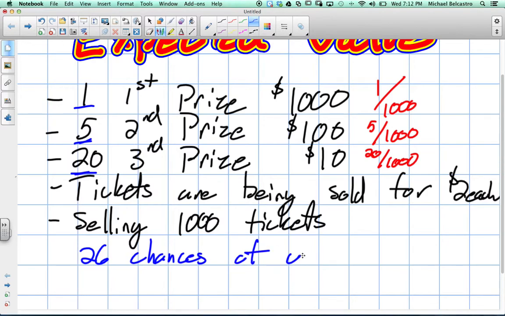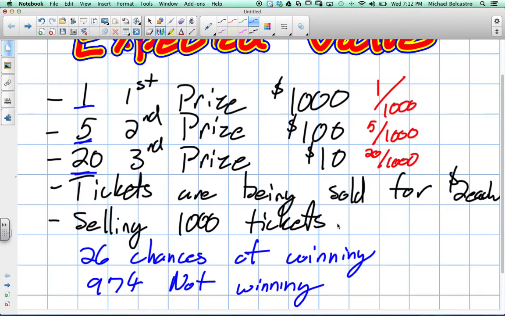So if we have 26 chances of winning, that means we subtract that from 1,000, and that'll give us 974 chances of not winning. In other words, the probability of getting $0 is what? 974 over 1,000.